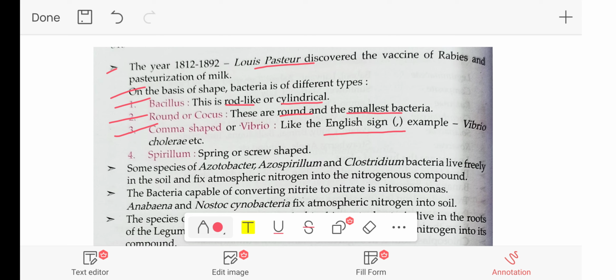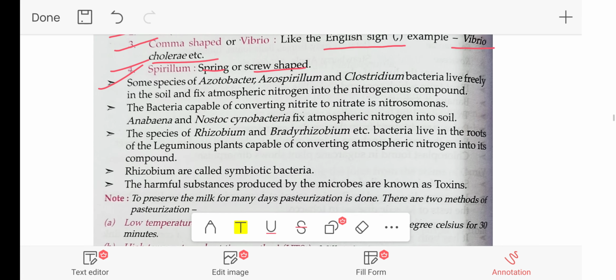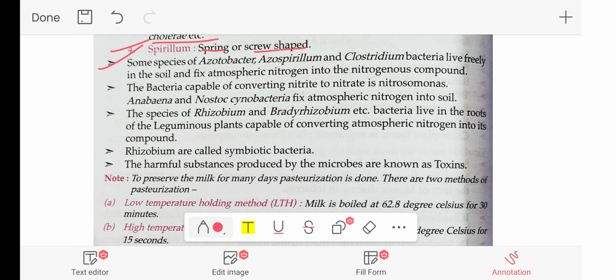Example, Vibrio cholerae, etc. And fourth, spirillum-shaped, spring or screw-shaped. Some species of Azotobacter, Azospirillum, and Clostridium bacteria live freely in the soil and fix atmospheric nitrogen into nitrogenous compounds. The bacteria capable of converting nitrite to nitrate is Nitrosomonas.